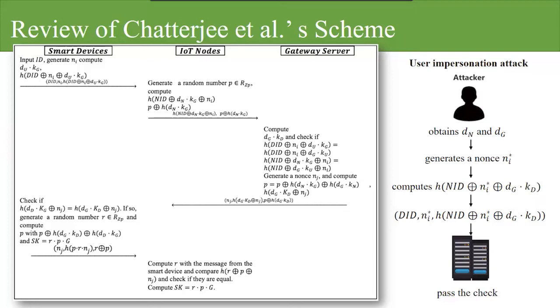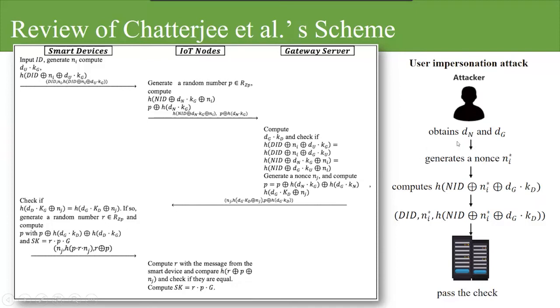channel. We believe that the scheme suffers from user impersonation attack, since the public and private keys are generated in advance. If the adversary is able to obtain any two private keys, he can perform a user impersonation attack, taking DN and DG.